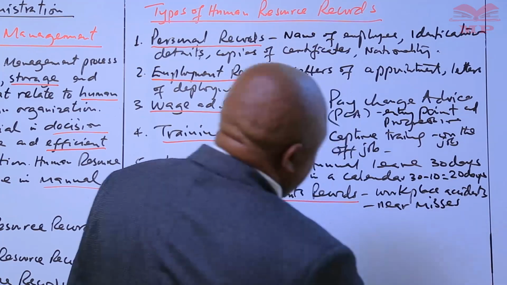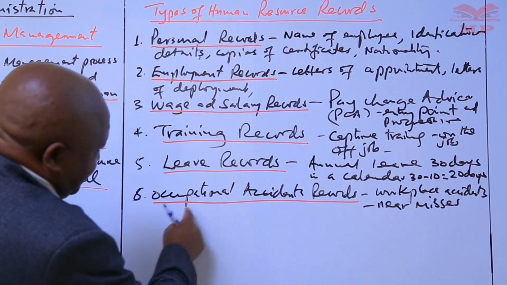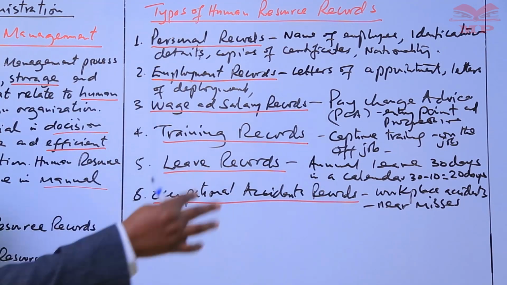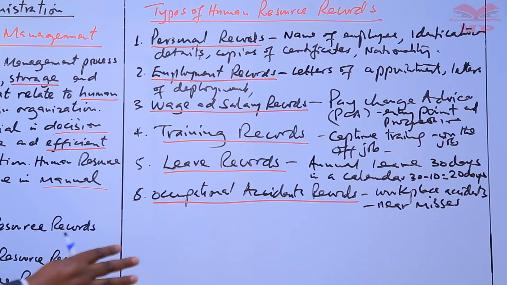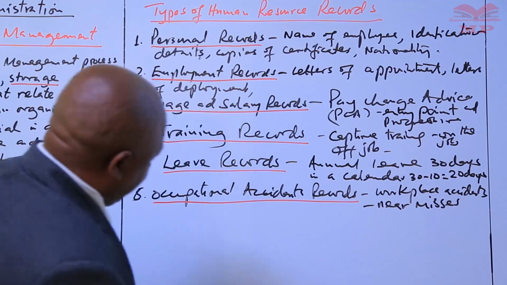If there were some mishaps, according to the law, this is supposed to be captured. So you may also have occupational accident records, which indicate the accidents that have taken place within a given organization or within a given duration of time.